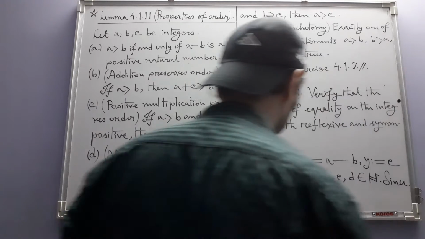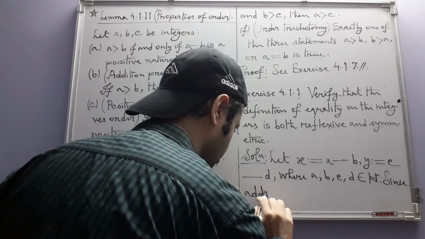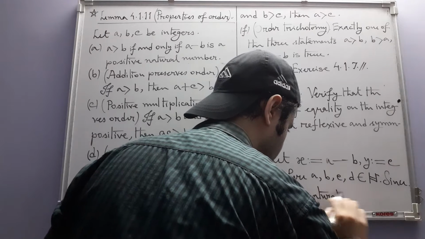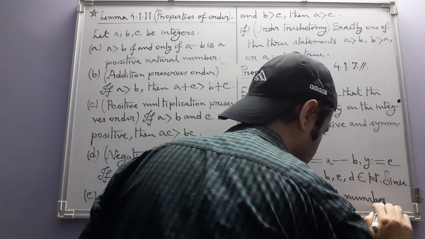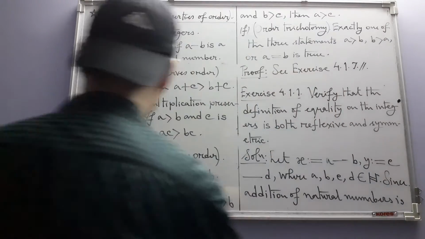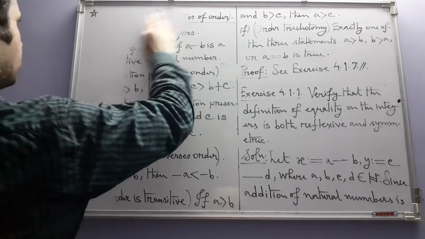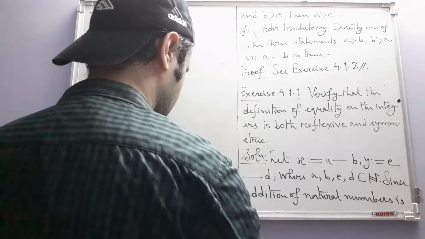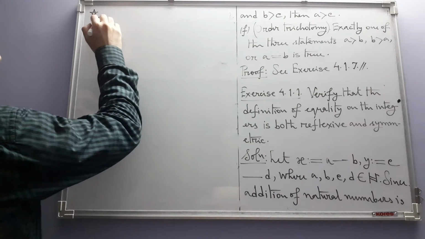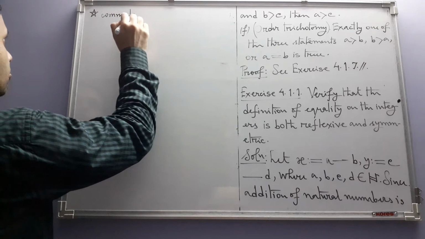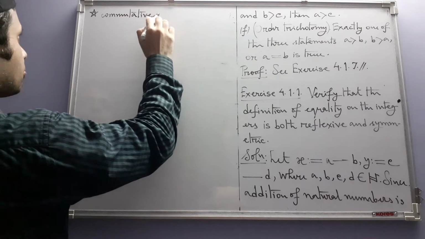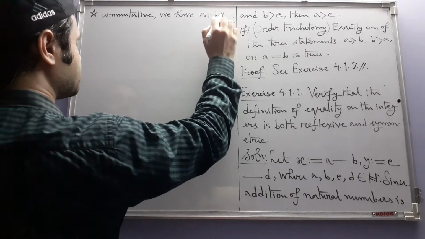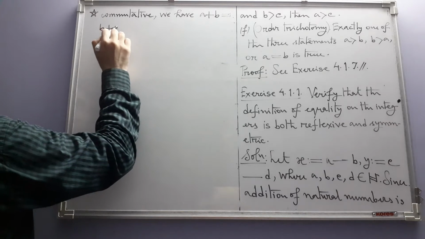Since addition of natural numbers is commutative, we have a plus b is equal to b plus a.